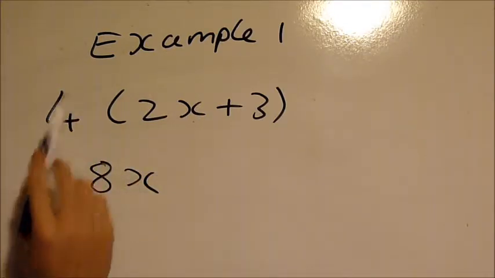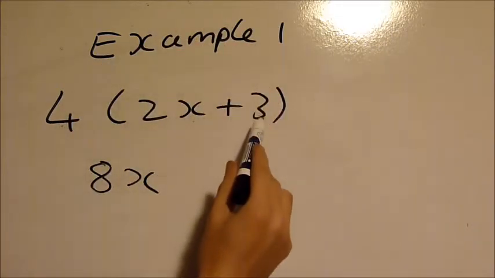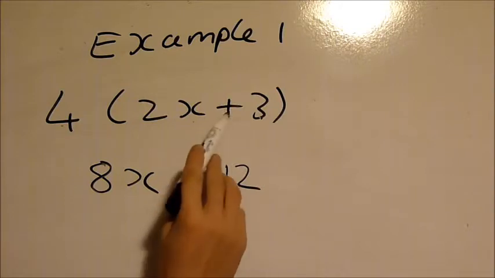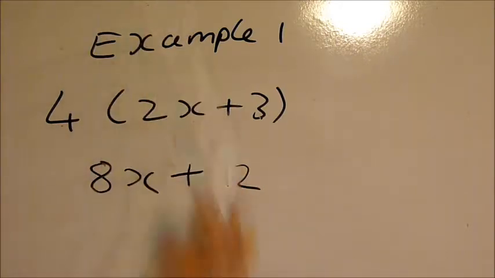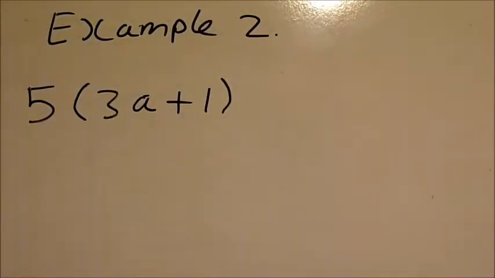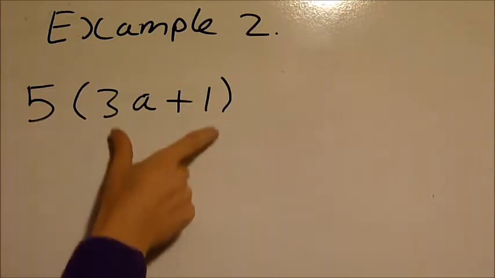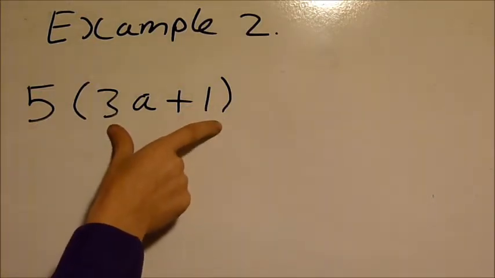Next, we're going to do 4 times the 3, which is 12, and the plus just drops down, and that's it. Okay, just in case you want to see that again, we're going to go through another example. So once again, we're going to multiply everything that's outside the bracket, so in this case the 5, by everything that's inside the bracket.